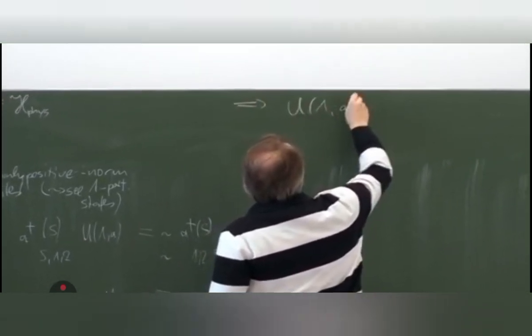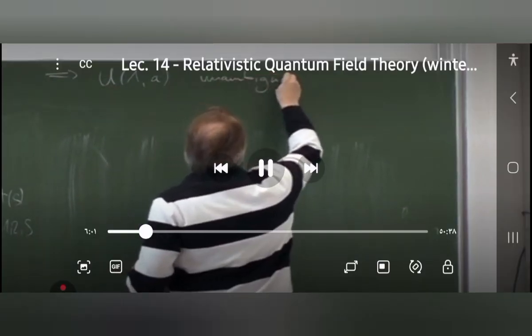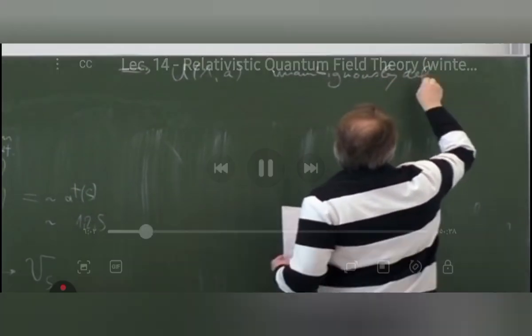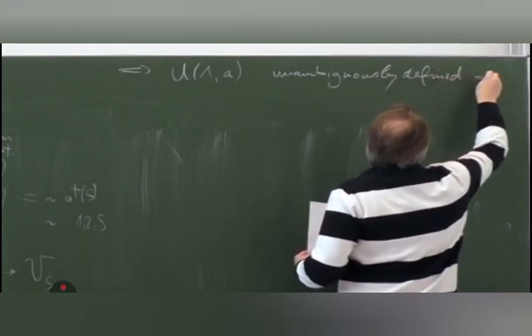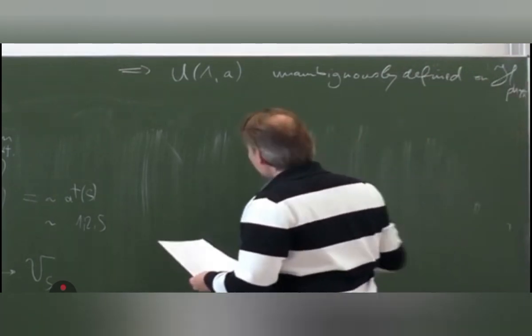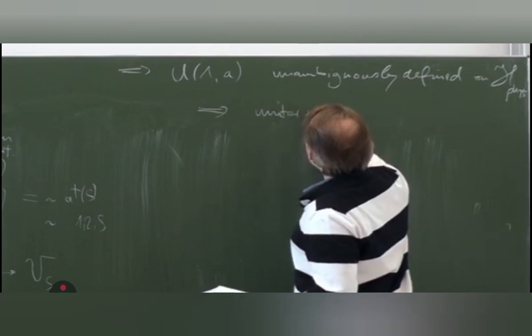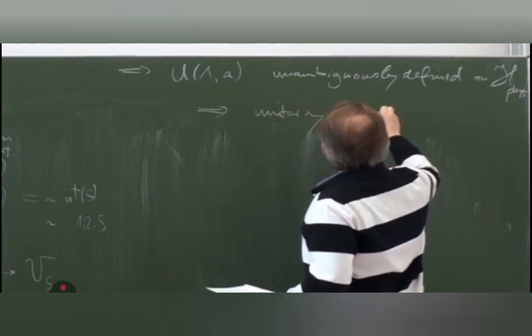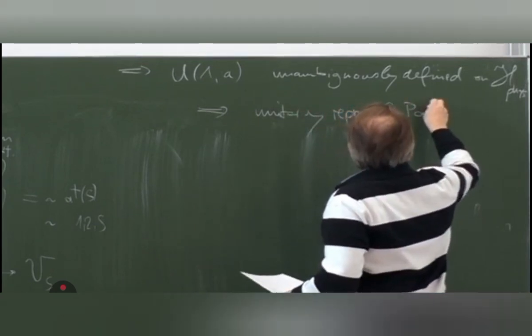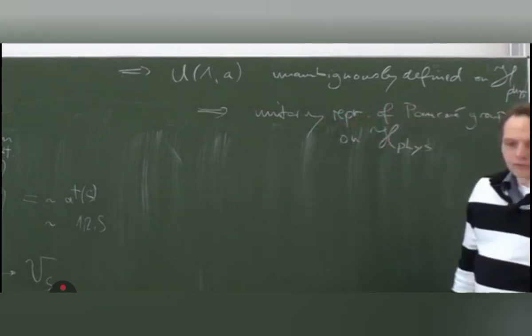U of lambda A unambiguously defined on this physical Hilbert space, and so we have now really defined a unitary representation of the Poincaré group on our Hilbert space of physical states.